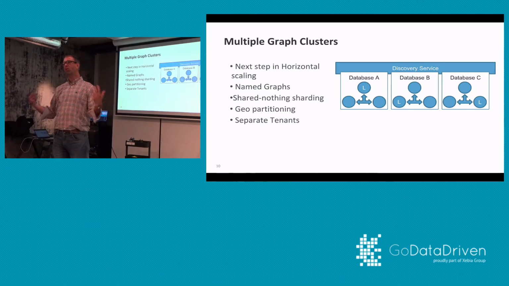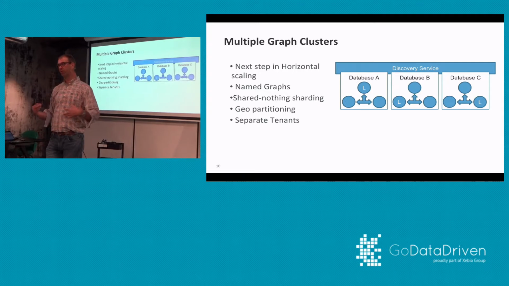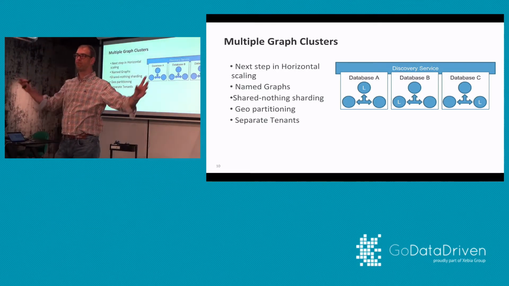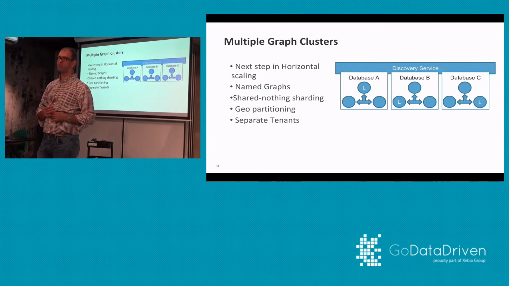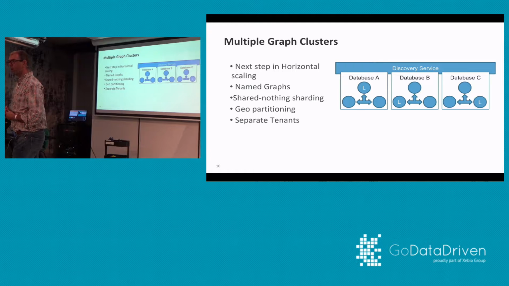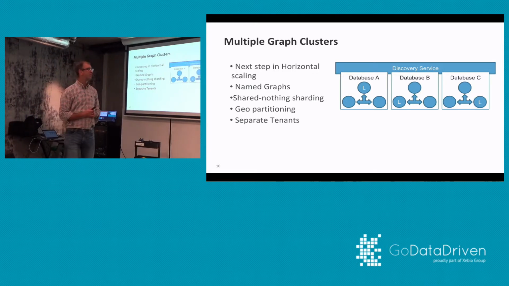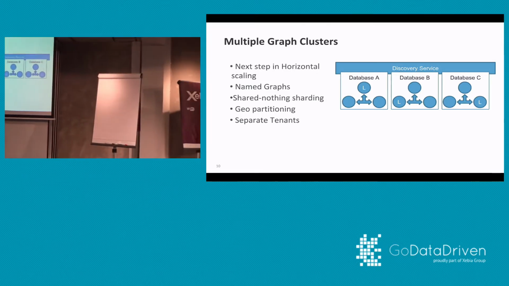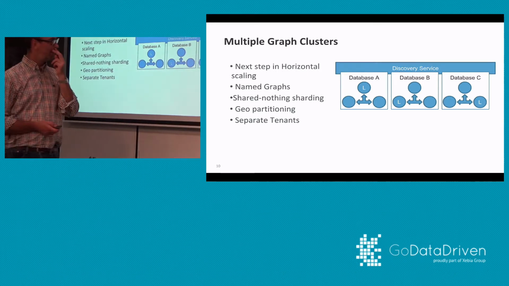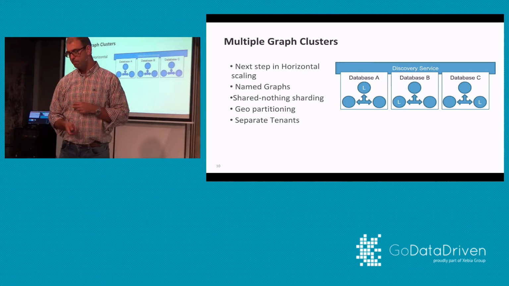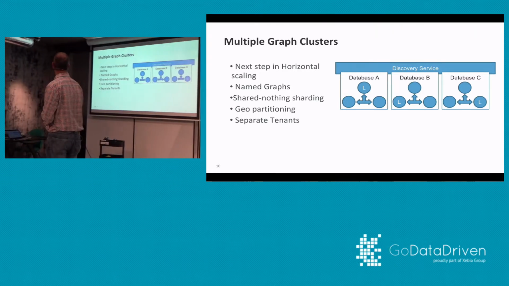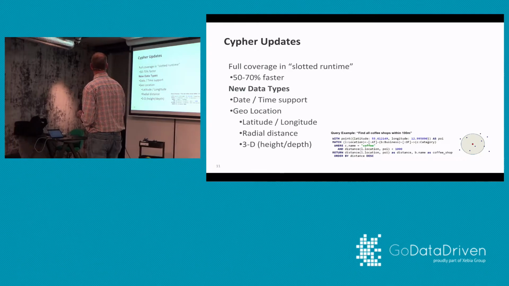Where we do want to be able to have traversals that go from one part of the graph to the next part of the graph, right? And query across those, which would, of course, be super useful for large data volumes and large and complex problems. So that's kind of the big enterprise type of feature in the 3.4 release, multiple graph clusters.